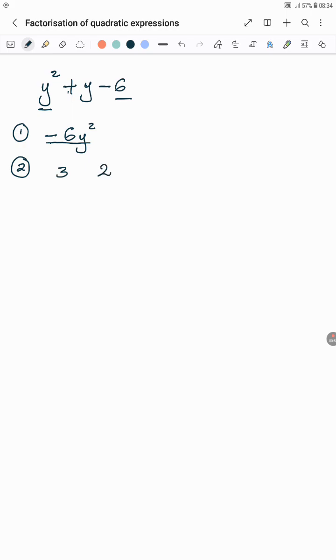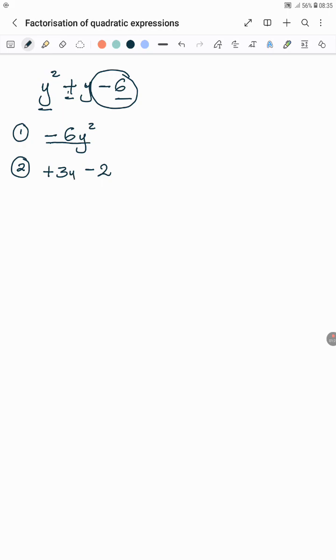So now for us to get minus 6, it means one of these two numbers is supposed to be negative. And at the same time, after we add them together, we are supposed to get a positive answer. So which means the smaller one is supposed to be negative and the bigger number is supposed to be positive.